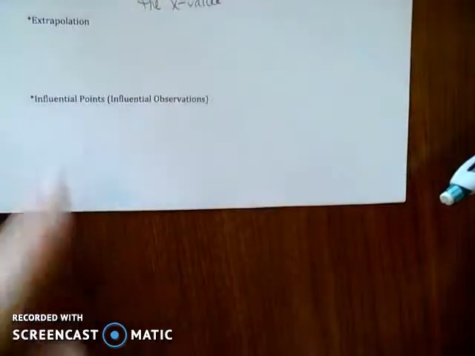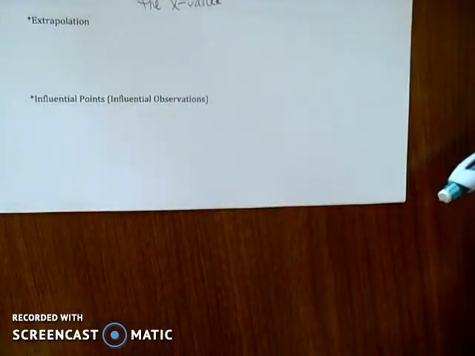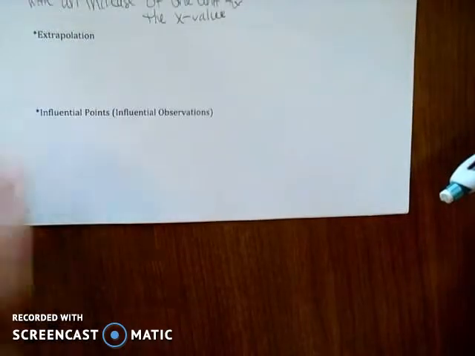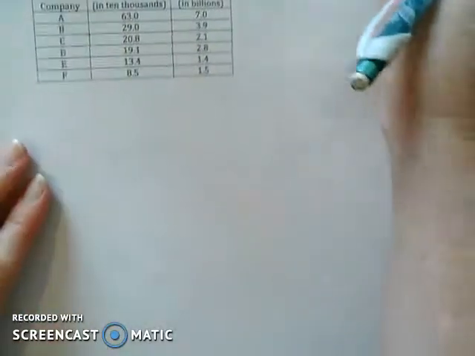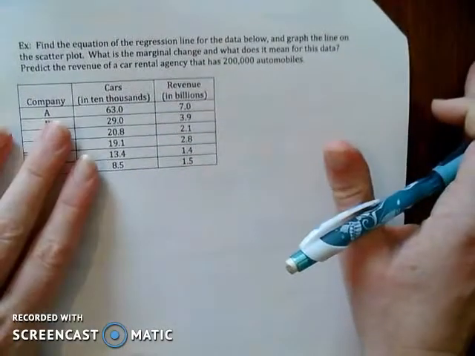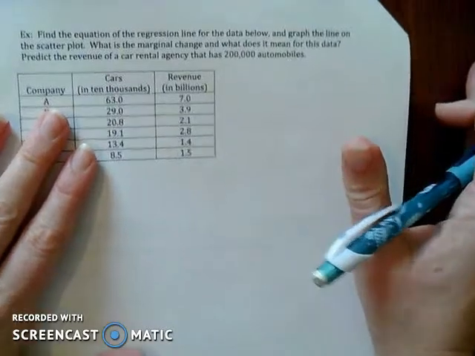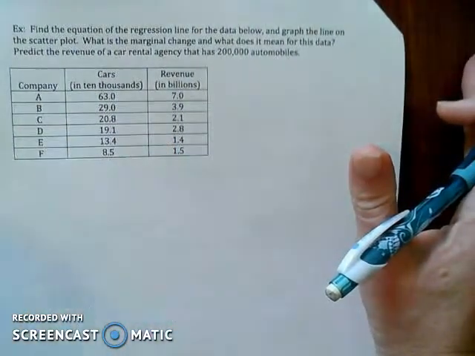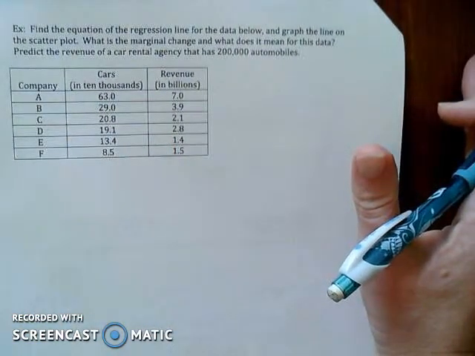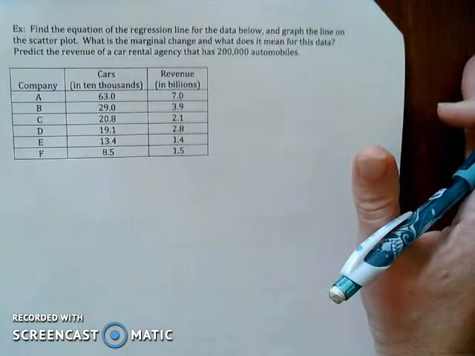Okay. Influential points are just like your outliers. Just like you had outliers back in chapter 3, we can have outliers again. So we're not going to check for that or anything, but just so you know, that is in there. So what we're going to do now, this is the same data that we just did. Okay, so we still have our cars and our revenue. So we calculated our R value, and we tested it and said, yes, it's significant.